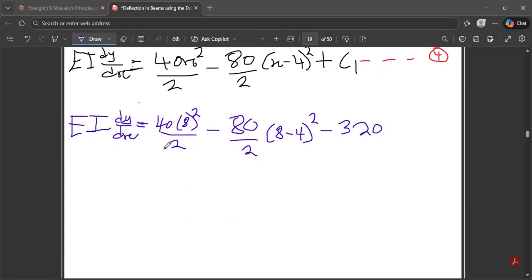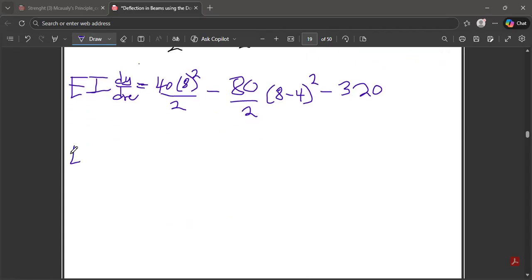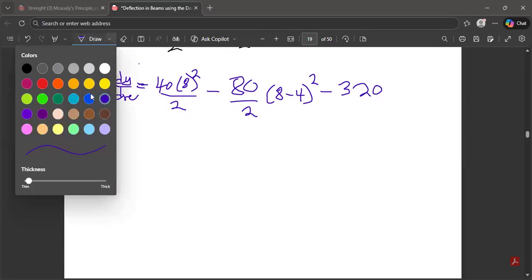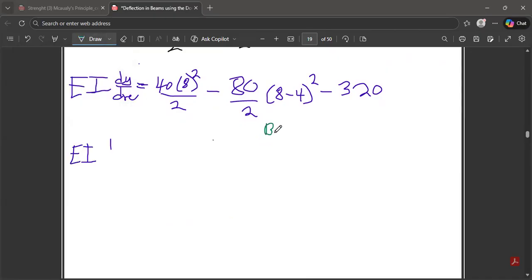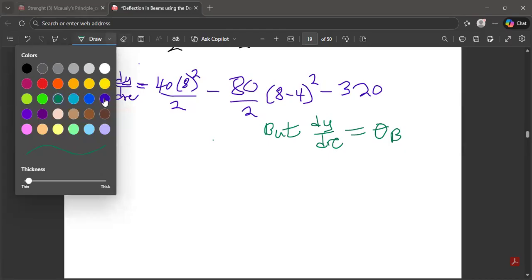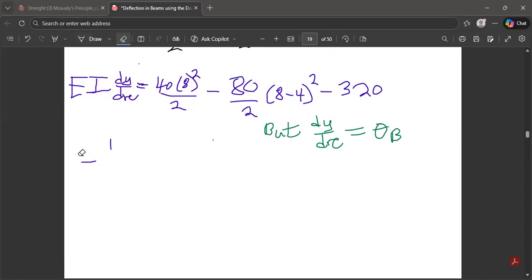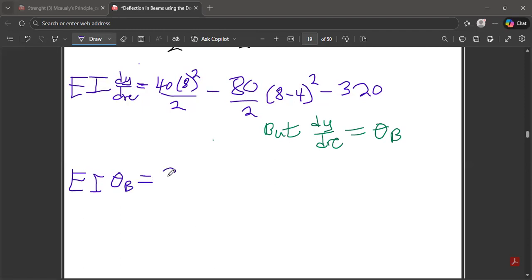Okay, so it implies that at the end of the day, this will cancel this. Okay, so the EI, but in this case too, our dy dx is also equal to the slope at B. So that implies that we are finally going to get EI theta at B to just be equal to 320.